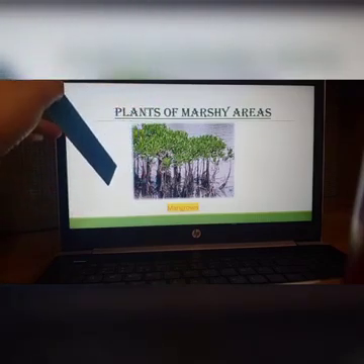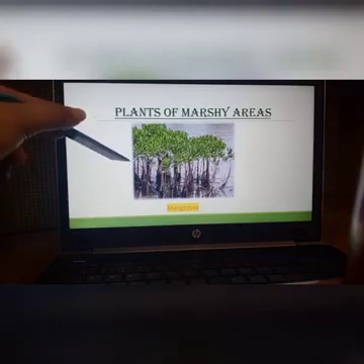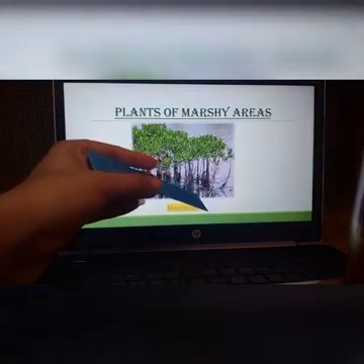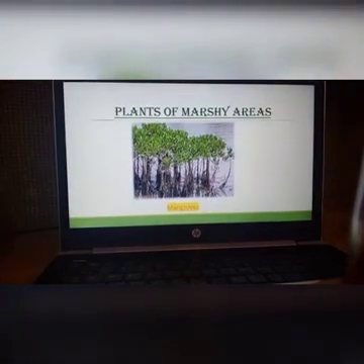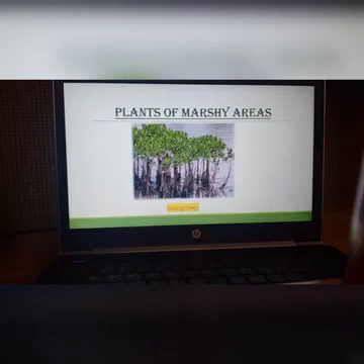and these are the plants that do not get any air through their roots in the soil, so they have special breathing roots. As you can say, the roots are coming out of the water to get air for the breathing purpose.